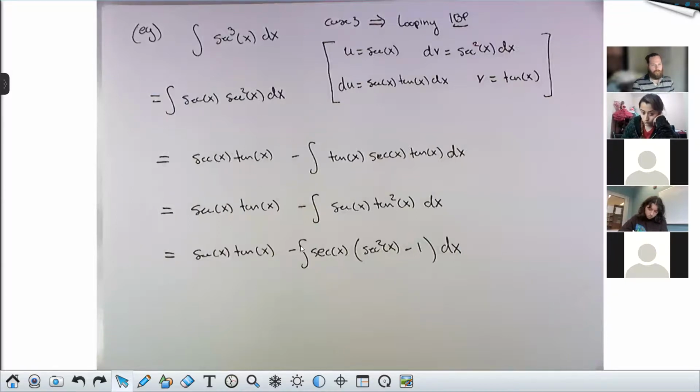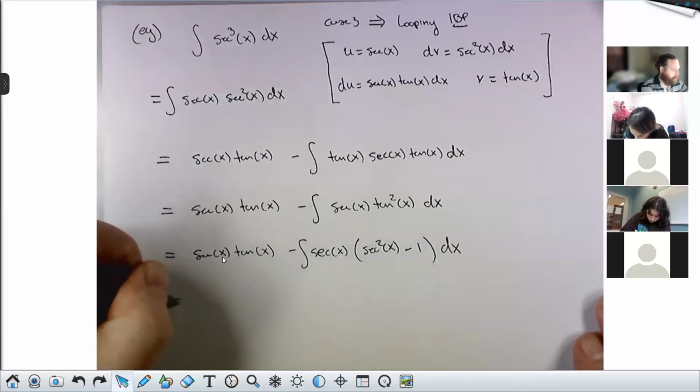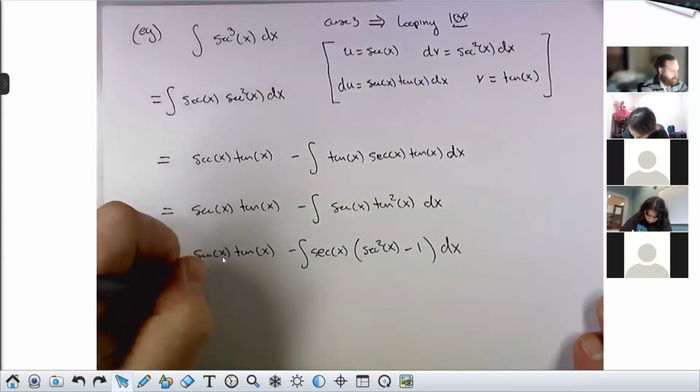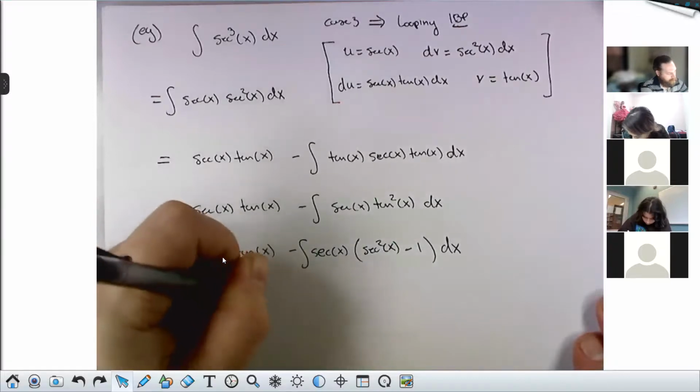Now I distribute this secant. You see, we're very close to getting this to loop. My original integral is secant cubed. When I distribute this secant, I will get secant cubed of x minus secant of x. And I'll split that up. Actually, I'll do it in separate steps.